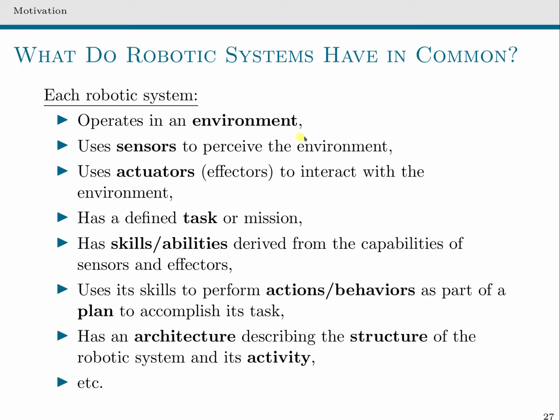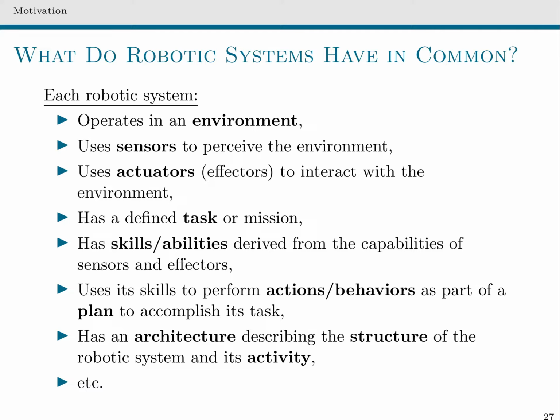Each robotic system operates in an environment. It uses sensors to perceive the environment. It uses actuators to interact with the environment. It has a defined task and a mission. It has some skills and abilities derived from the capabilities of the sensors and effectors, and it uses those skills to perform the plan by performing actions.